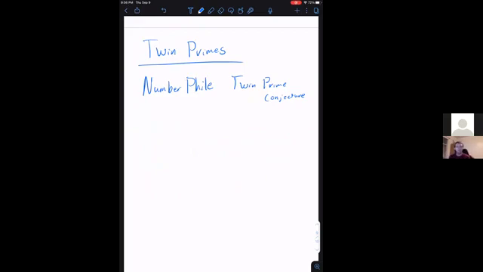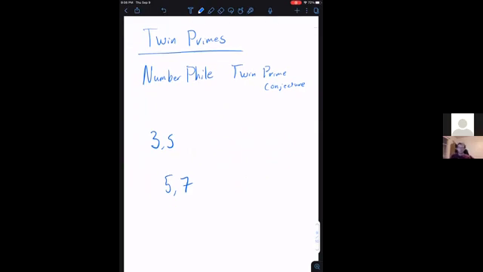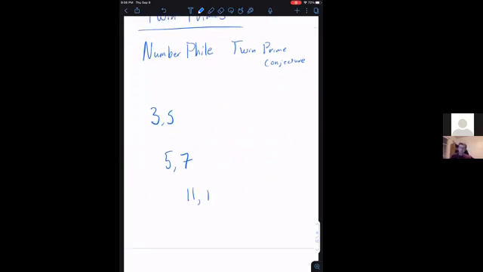Let's do some examples of twin primes. 3 and 5 are twin primes because they're one odd number away from each other and they're both prime. 5 and 7 are also twin primes. 11 and 13 are also twin primes. 17 and 19 also work.